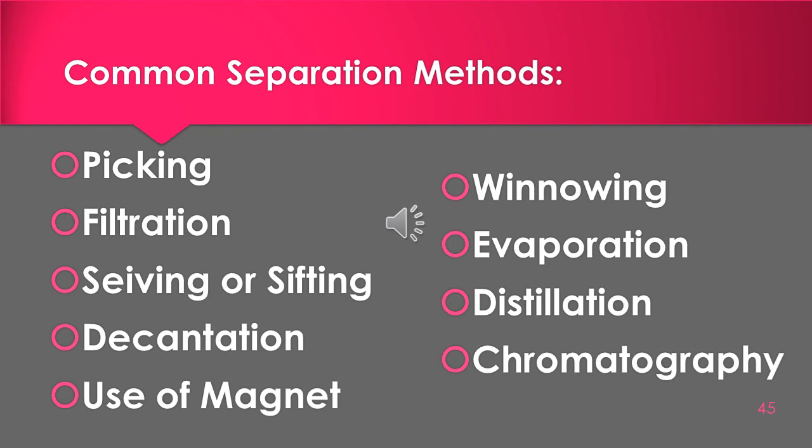And we have evaporation, involving heating the mixture so that one of the components will evaporate, leaving behind the other component or material. Then we have distillation, which is also in a way similar to evaporation because it involves heating. But in distillation, the water vapor is collected and made to condense and turn into liquid again.